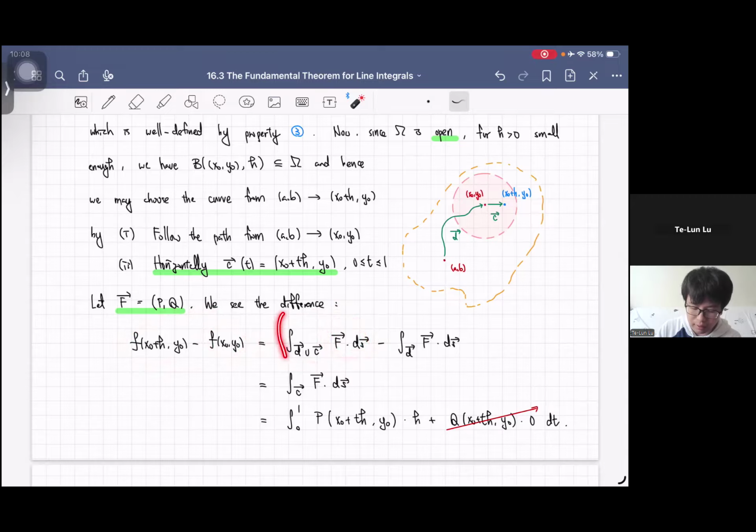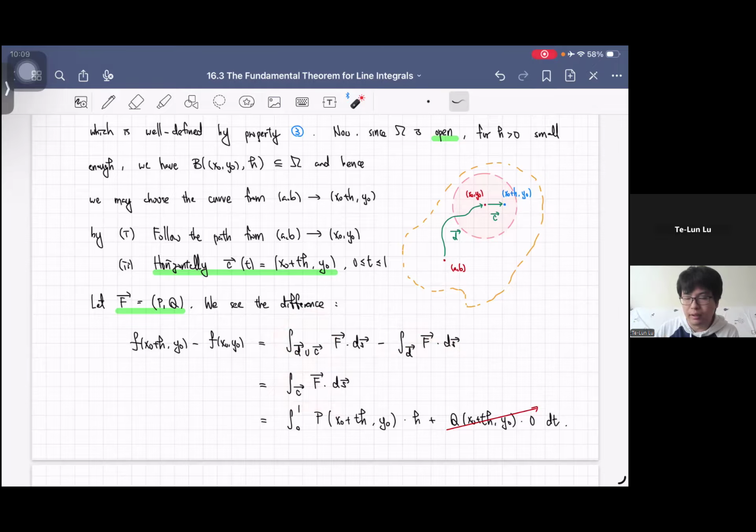We're integrating over the path from (a,b) to (x0 plus h, y0), in this case D union C, and we're subtracting f(x0, y0), which is the integral over D. The line integral over the joint curve is simply the integral over D plus the integral over C, where the D part cancels out with this term. So the remaining term is the integral over C.